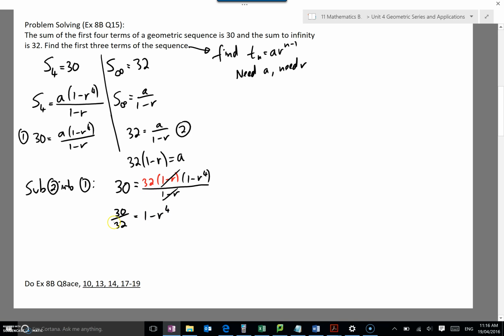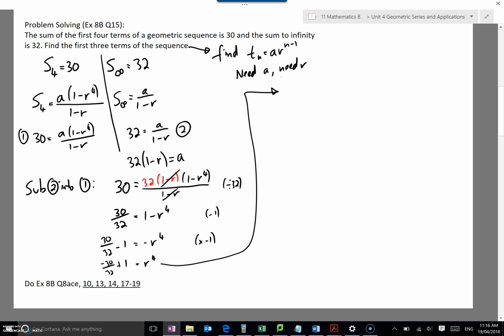Okay, just dividing by 32. Then try and get r to the power 4 by itself, so I'll subtract 1 from both sides. And I don't like that negative in front of the r to the power 4, so I'm going to multiply both sides by -1. So it'll be minus 30 on 32 plus 1 equals r to the power 4.